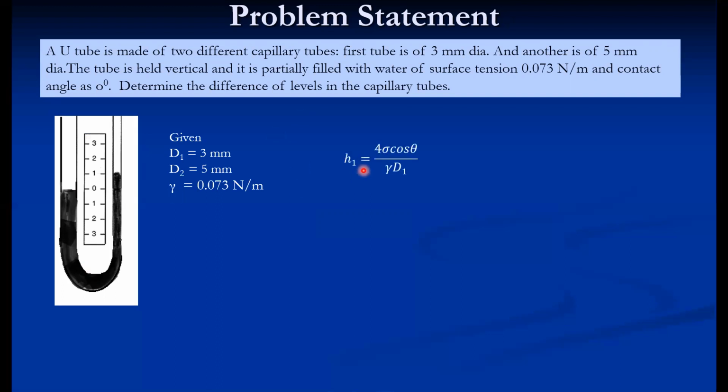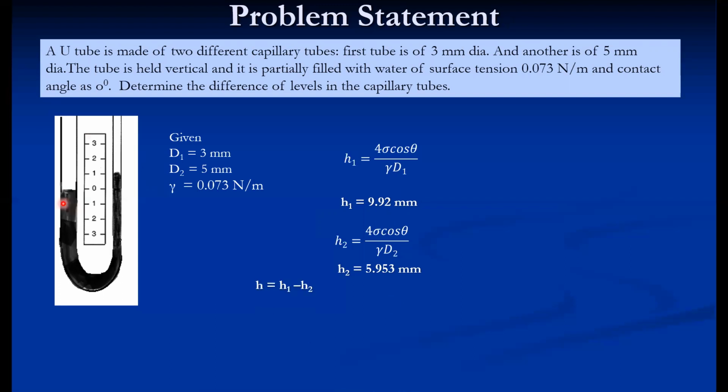So this is the formula for h1. Considering the 3 mm diameter, the capillary rise is 9.92 mm. And if we find it for the 5 mm diameter, the capillary rise is also calculated. In both tubes, the capillary rise is there, so both diameters are not suitable for a manometer, because in both cases there is slight capillary action.